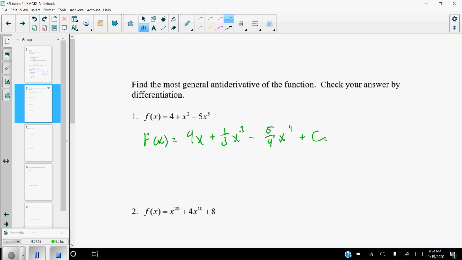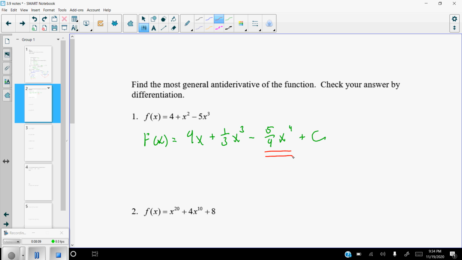So now you might ask yourself, how did you figure this one out so fast? Well, think about it. This is exactly the opposite process of a derivative. A derivative said we would bring the exponent out to the front and then reduce the exponent by 1. Well, we're going to do exactly the opposite. Instead, we're going to go backwards.